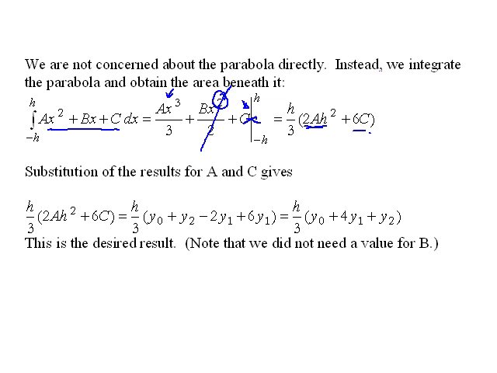We can multiply y1 by 6. And here we have the integral under that parabola only in terms of the function values. And that's what we want. We don't really care about the parabola. Remember, we only care about it in terms of the function values. This is your answer for approximating the function by a parabola, and then integrating under that parabola.